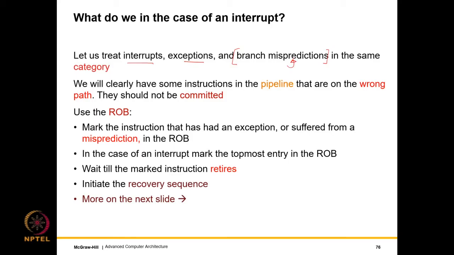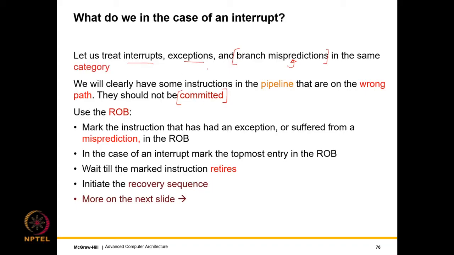So whenever we mispredict a branch, let this be treated as an exceptional event. So whenever we receive any of these notifications, we'll clearly have some instructions in the pipeline that are on the wrong path. And if they are on the wrong path, well, they should not be committed, right? So they should be removed.